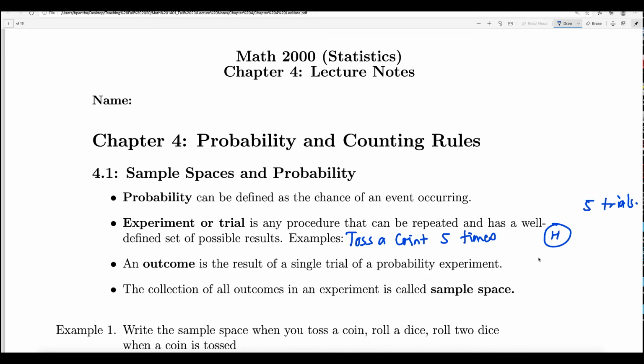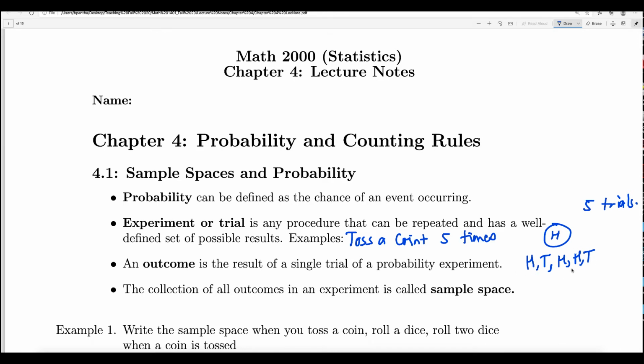For example, when you toss a coin 5 times, then you may get head or tail, head and then tail, right? On the first trial, the outcome is H. The second trial, outcome is tail. The third trial, outcome is H, the head. The fourth trial, outcome is head, and the fifth trial, the outcome is tail.